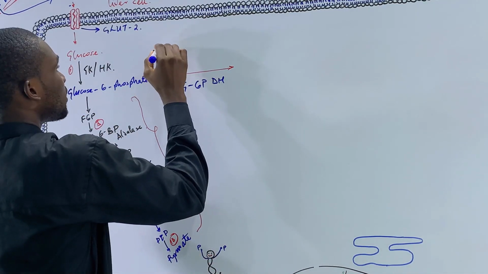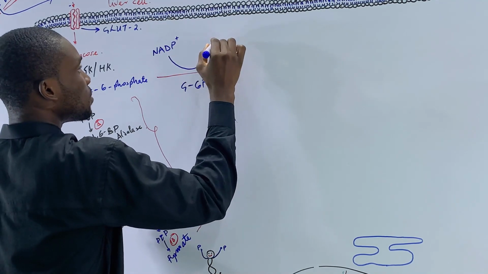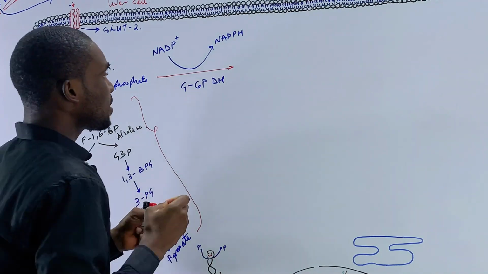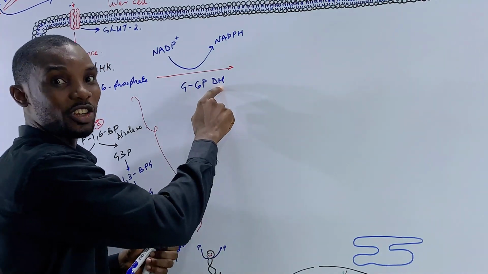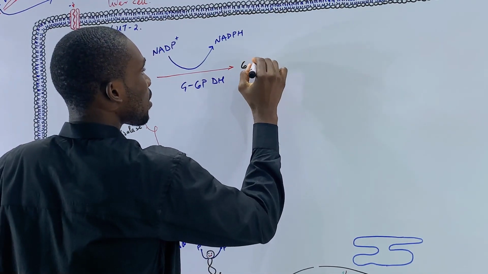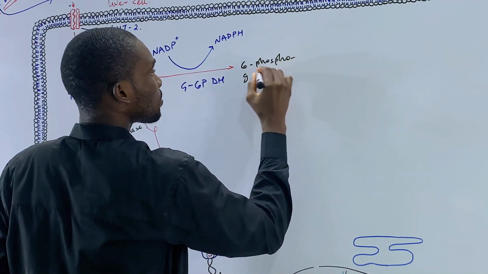So NADP would be converted to NADPH by this enzyme glucose phosphate dehydrogenase. And what does it form? It forms 6-phosphogluconolactone.